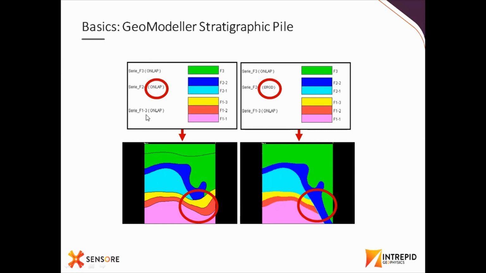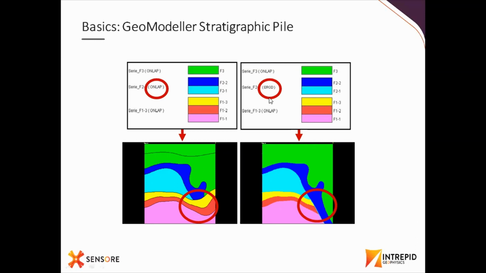In this figure below, the F3, F1, F2 series all overlap. That represents that the F1 series below will be the first series deposited. Afterward, the next series like F2 will be deposited on top of it. It's not going to cross-cut the F1 series. This is called an onlap relationship.